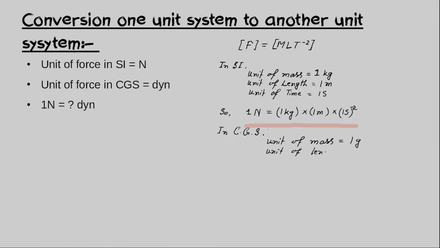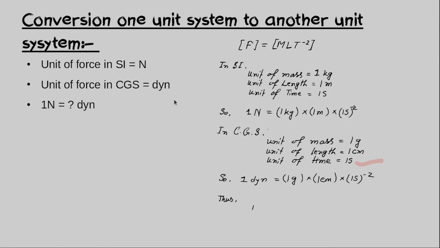And in the CGS system, unit of mass is 1 gram, unit of length is 1 centimeter, unit of time is 1 second. Again, we can write from the dimension of force, 1 dyne is equal to 1 gram into 1 centimeter into 1 second to the power minus 2.